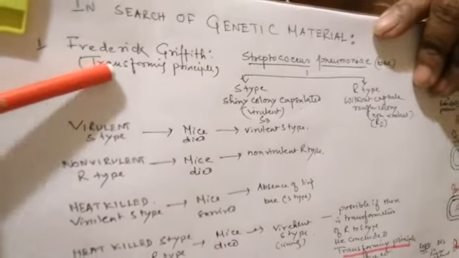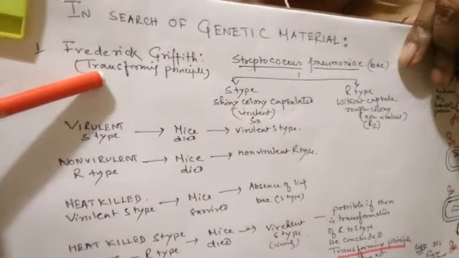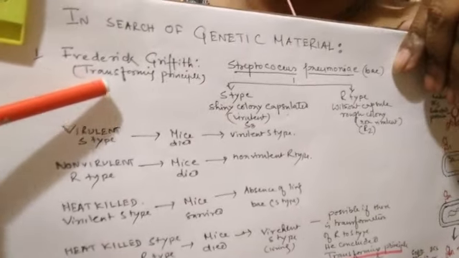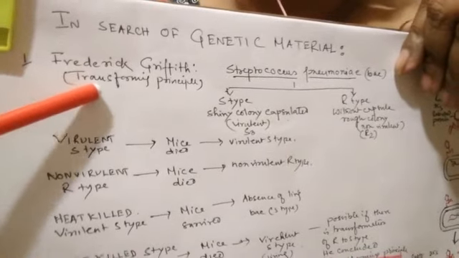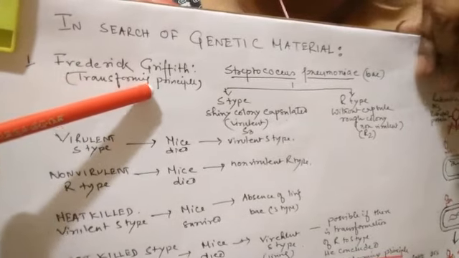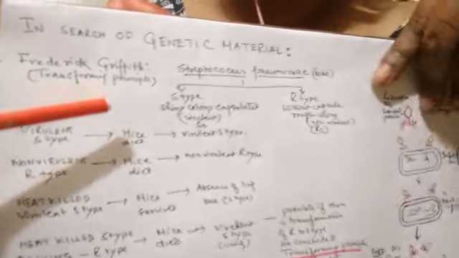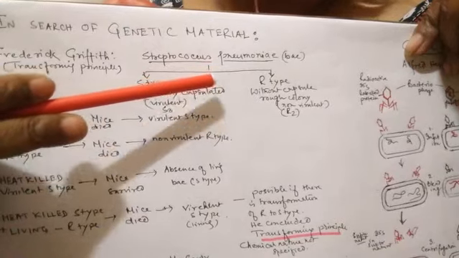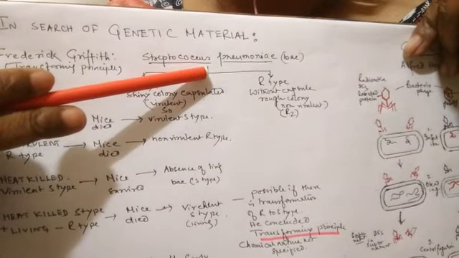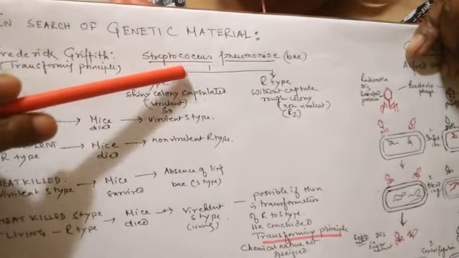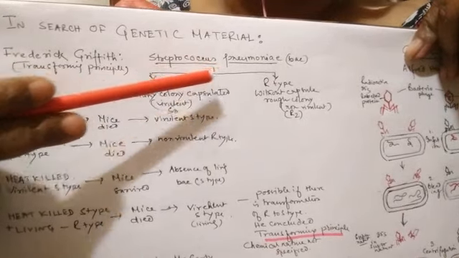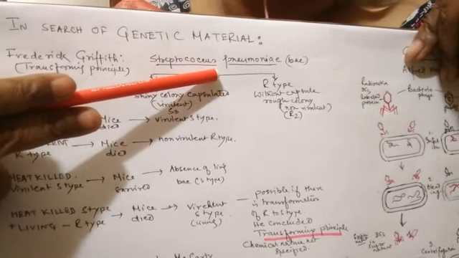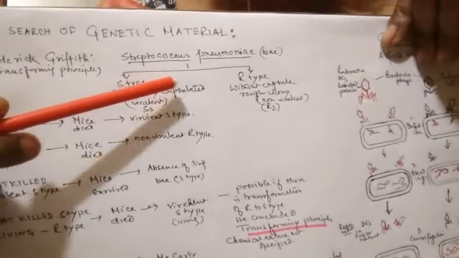So students, a series of experiments have been done to find out which is the genetic material. The most significant preliminary experiments were done by Frederick Griffith in 1928. He took the bacteria called Streptococcus pneumoniae, which causes pneumonia.